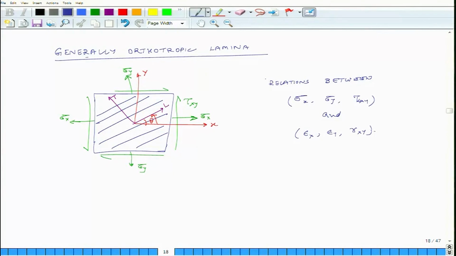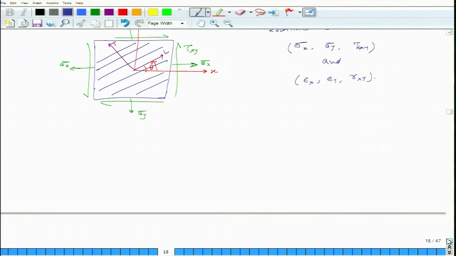This is what we will develop. So, again we will have 4 different cases. Case 1, in the first case we have only sigma x. So, sigma x is not equal to 0, sigma y and tau x y are 0.